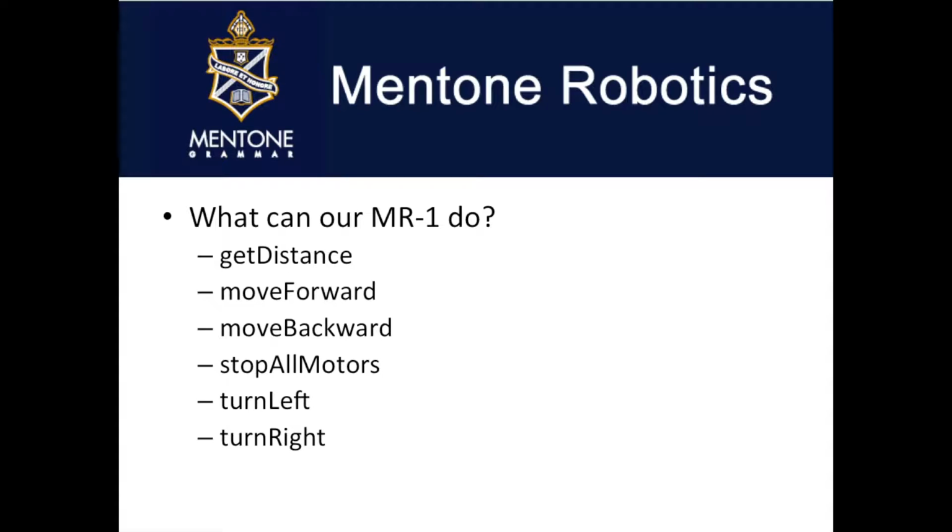So we're going to concern ourselves with what we've programmed it to do so far, and we're going to limit this down to a few decisions. We can get the distance, and that can be a condition because the distance can change. So let's just say in this case, if the distance is less than 20 centimeters, we're going to do something. We're not going to worry about moving backwards, turning left, or turning right at this moment. You could put those in the situation, but we're not going to.